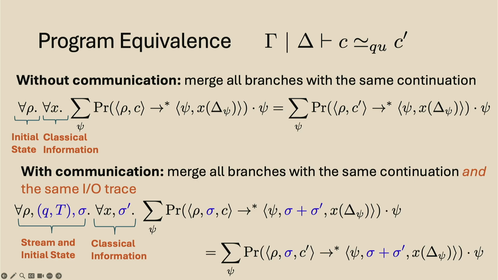The reason you have to quantify over this is that when you want to discard information, you need to sum over states that are density operators on the same Hilbert space. If you have different traces but the same continuation variable, the shape of your hidden state might be different according to the stream, essentially.